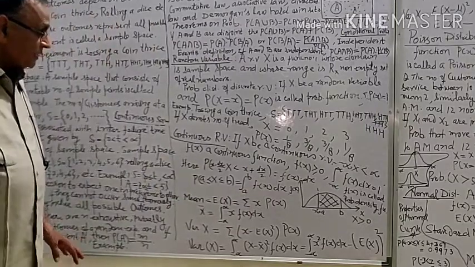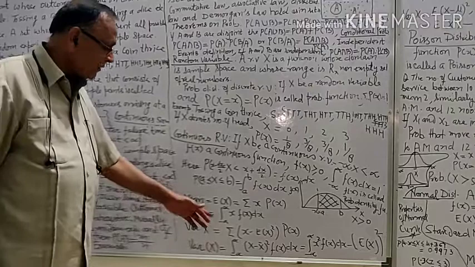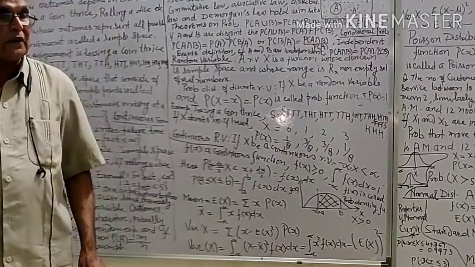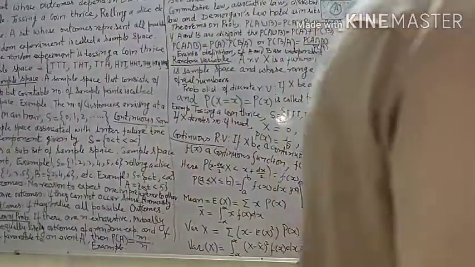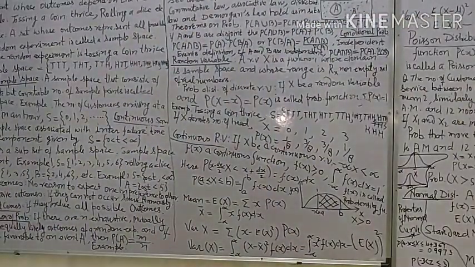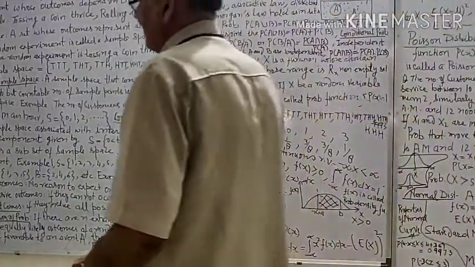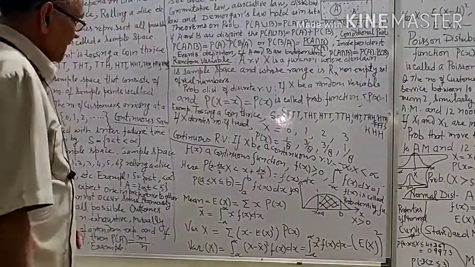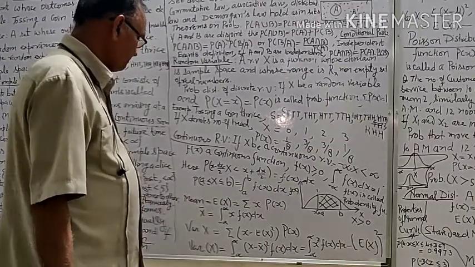You will be thinking that in every case the limit for integration is minus infinity to plus infinity. No, this is not so. This is actually the entire range. If the random variable has been defined between 10 to 20, then in that case integration 10 to 20 fx dx will be 1.